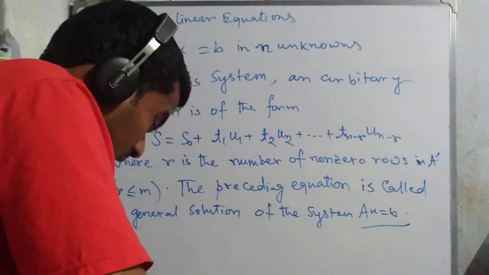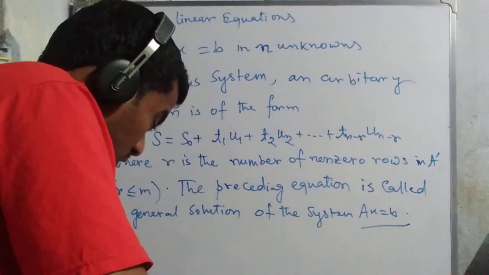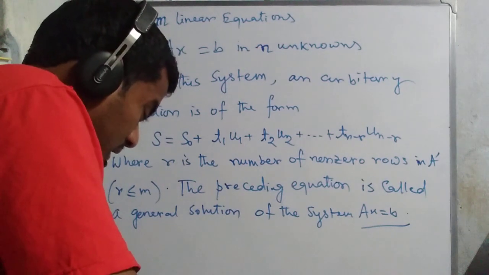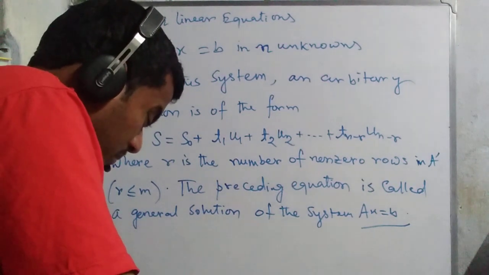Then it expresses an arbitrary solution of Ax = b in terms of n minus r parameters.